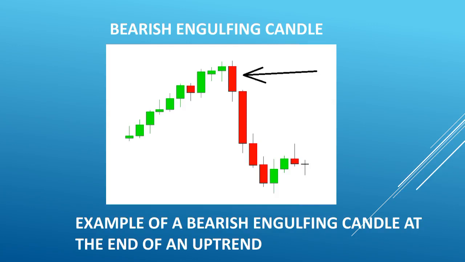Then we have the arrow pointing to the bearish engulfing candle, and we can see the development of just 3 longer red candles that show that the bears, or the sellers, took complete control of price and drove price down to form a new bearish trend.